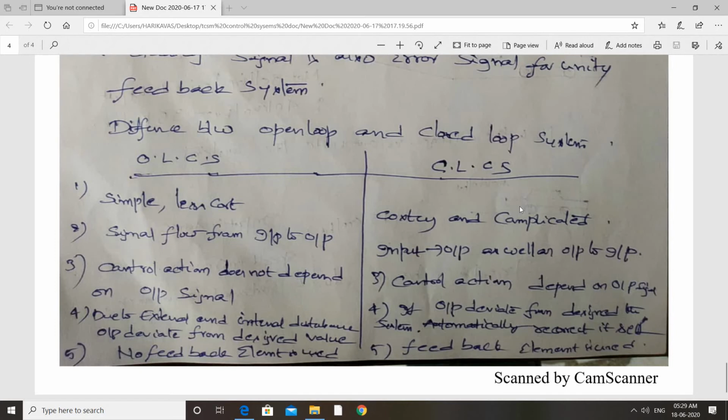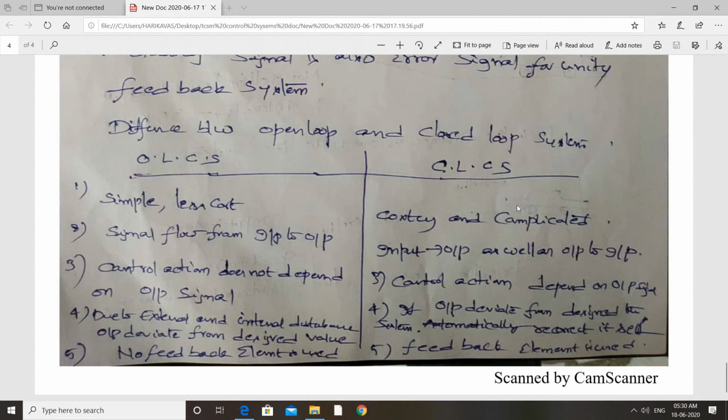What is the output here? In an automatic washing machine, what is the desired output? We get clean clothes, the complete cleanliness of the clothes. For example, if a very dirty cloth is put inside, are we getting complete cleanliness of the cloth?